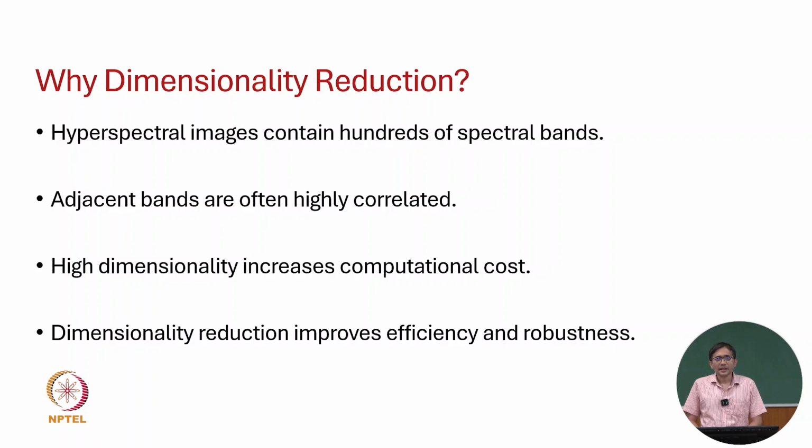The adjacent bands in the hyperspectral image are often highly correlated. The high dimensionality thus increases computational cost, and the dimensionality reduction may improve efficiency depending on the exact scenario, depending on how much dimensionality we are reducing to.